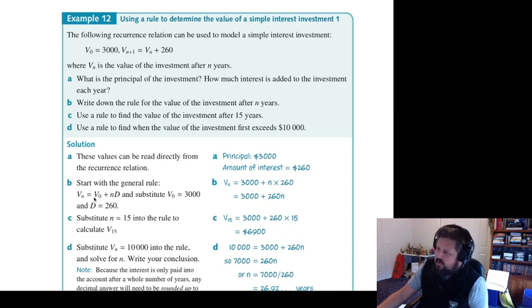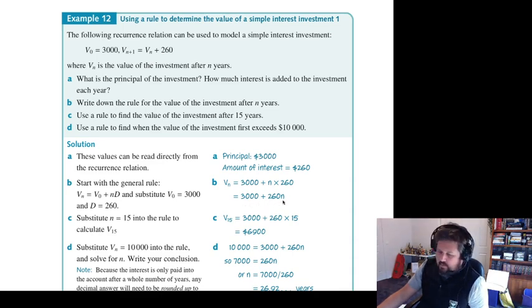When writing it out, it would be Vn equals 3,000 plus n times 260. Rather than writing n times 260, we know that's the same as 260 times n, so you can swap those around. That is the rule to calculate the investment after n years.